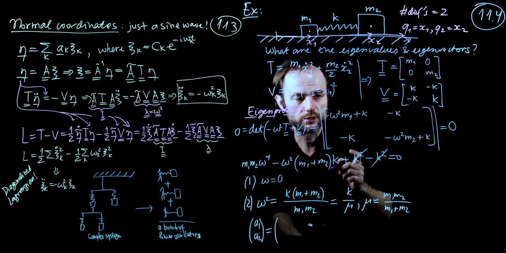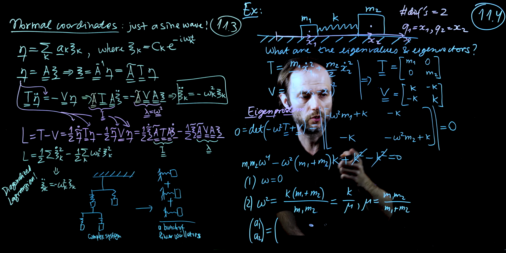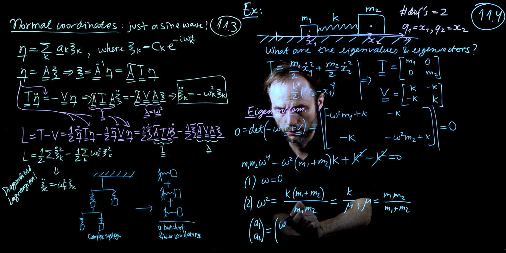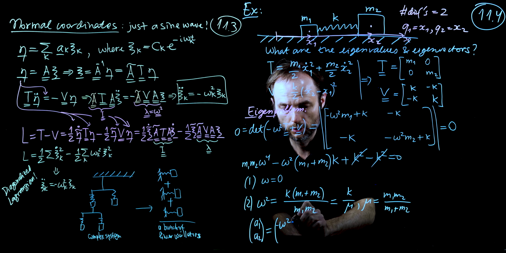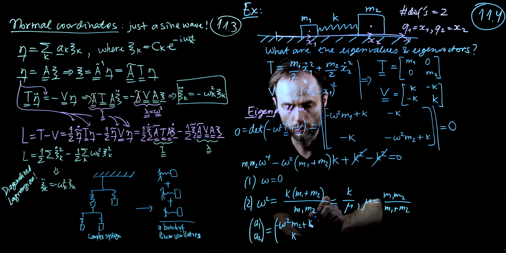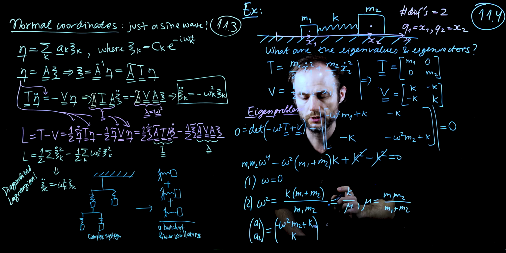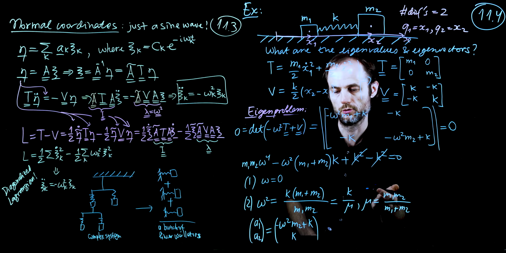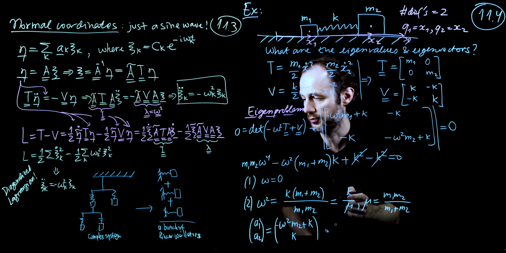So let's do precisely that. For a1, we're going to take just that, minus omega squared m2 plus k. And then for a2, we're going to get minus this, k. So let's check this. Plug this into here, I'll plug that into there, and yeah, we're going to get them to cancel out.